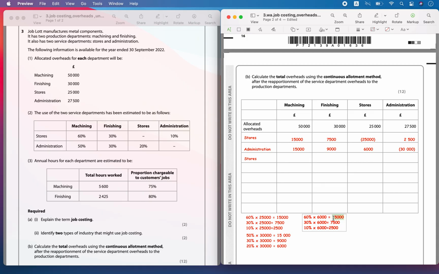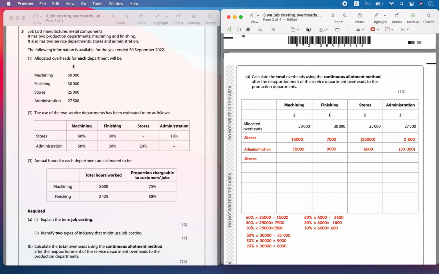So the values are going to be 60 percentage of 6,000, that is 3,600. Then 30 percentage of 6,000, that is 1,800. Then 10 percentage of 6,000, that is 600.